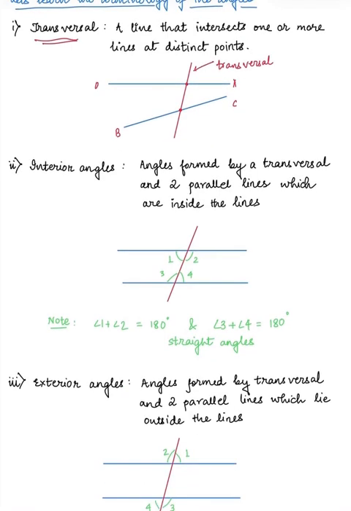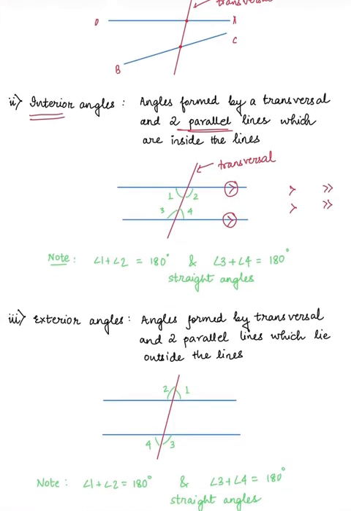Now we have interior angles. What are those? Now you know what a transversal is, right? And if there are two parallel lines, and this is the sign with which we show that the lines are parallel, and the angles are formed by this transversal and the two parallel lines, then these angles are known as the interior angles, and we have a property.